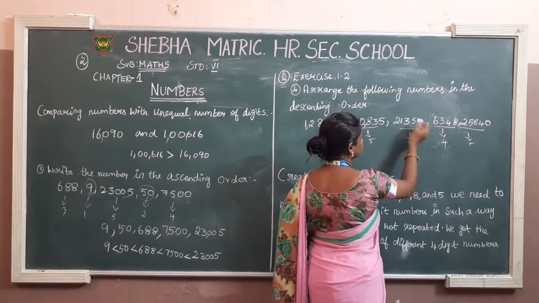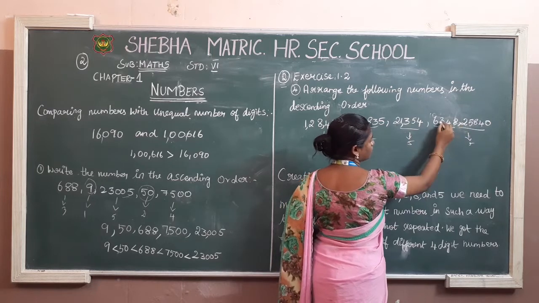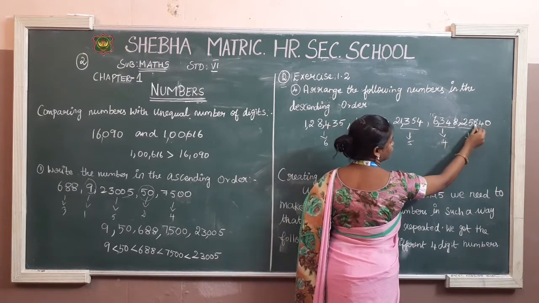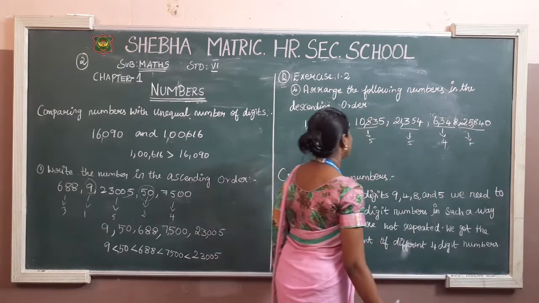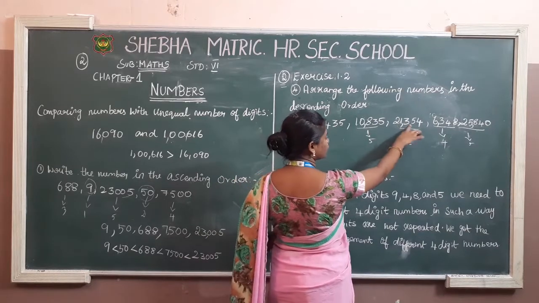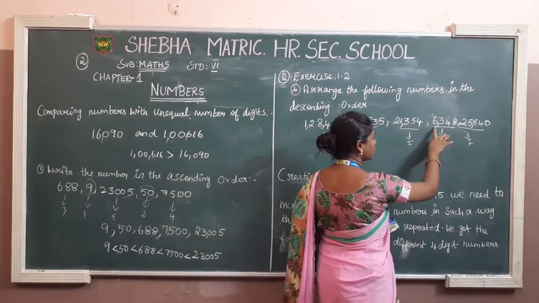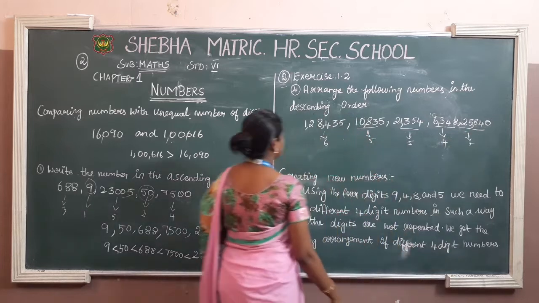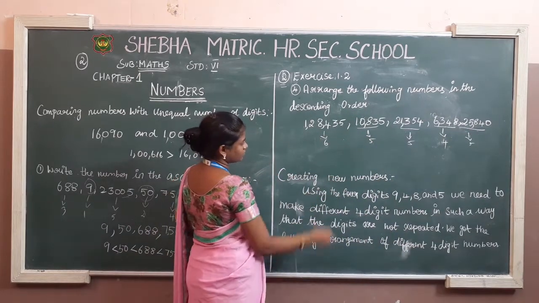Then 21,354, 6,348, 25,840. So next we can arrange it.